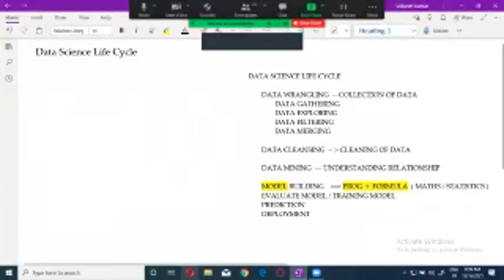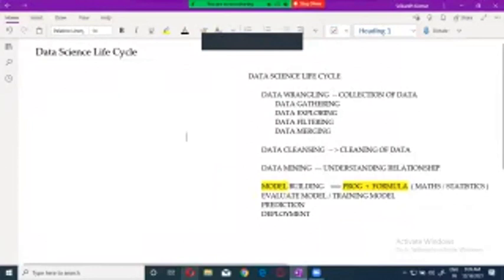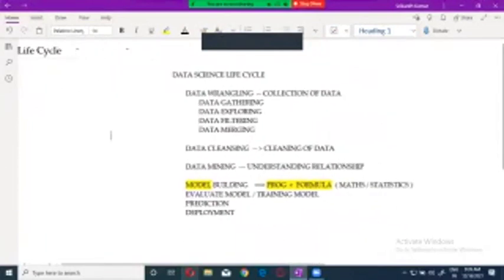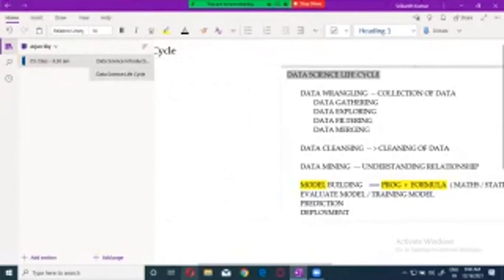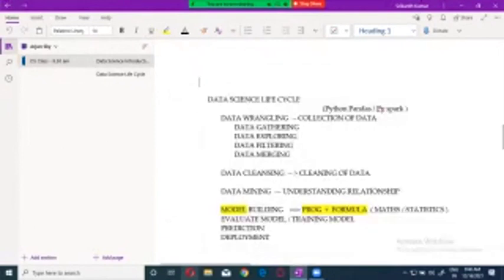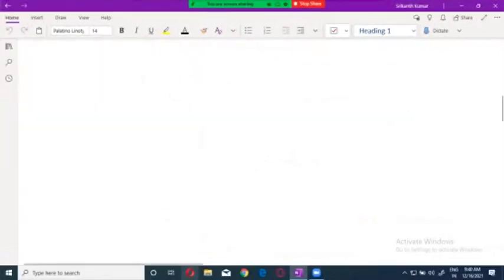Continuing from yesterday. Yesterday we saw some basic understanding about the data science life cycle. We talked about data science, and I explained with an example how the data is gathered.